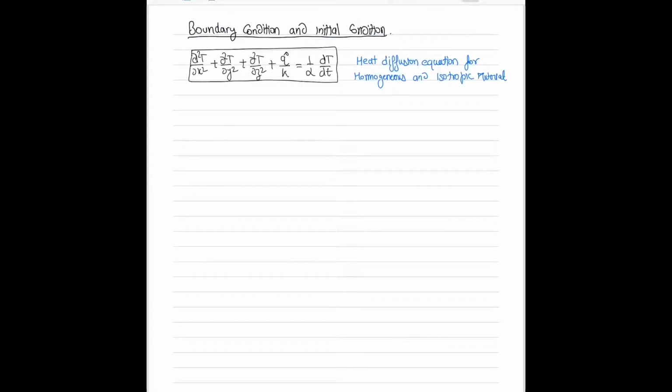Now let's discuss the boundary and initial conditions. In lecture 2, I derived a heat diffusion equation for isotropic and homogeneous material, as follows. This equation is second order in x, y and z, and first order in time, where alpha is the thermal diffusivity.